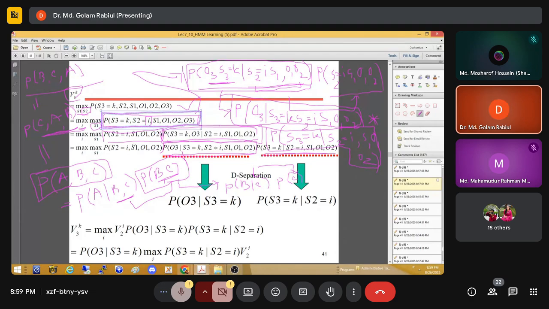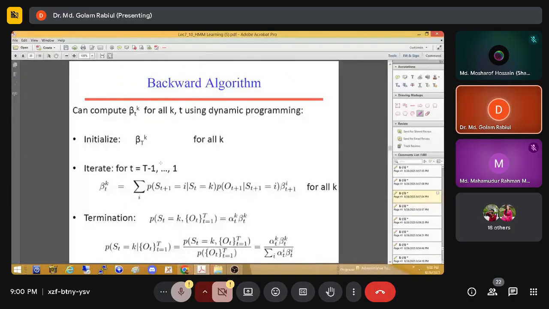But according to our Markov theory, specifically utilizing our first order Markov properties, state 3 will only depend on state 2, not on other states.